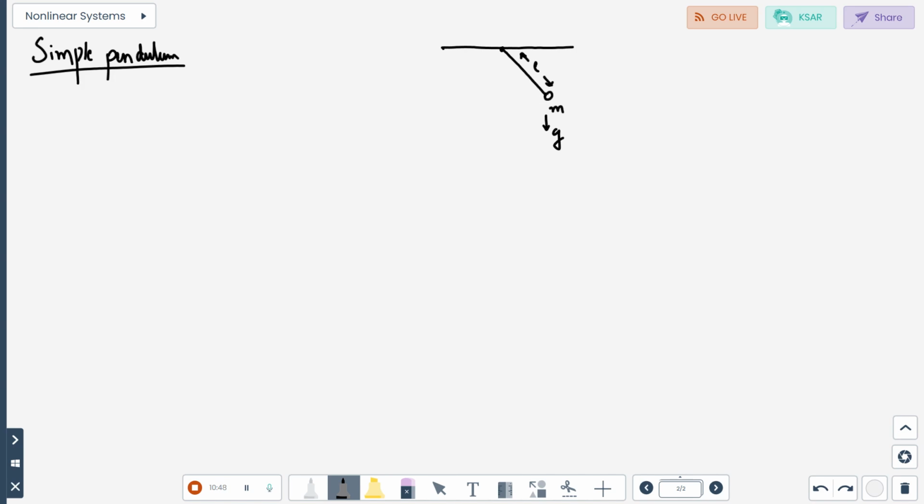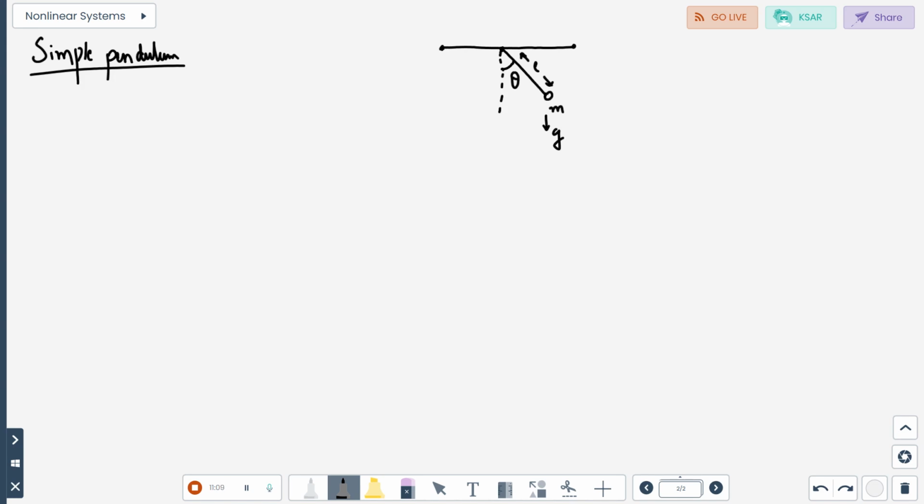Now this pendulum is representing only 1 degree of freedom, wherein this theta is varying as the mass m moves.